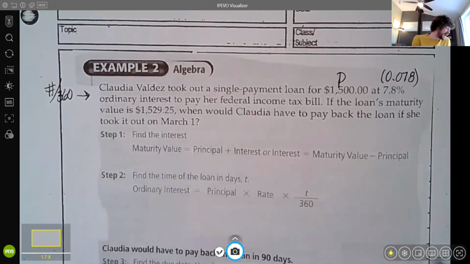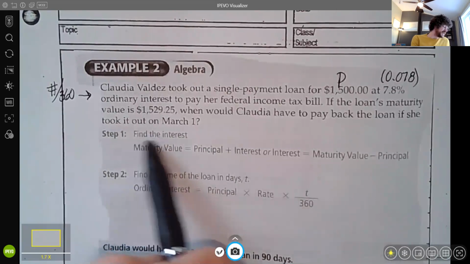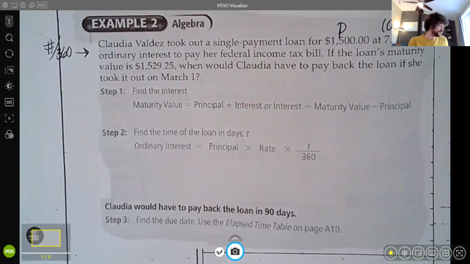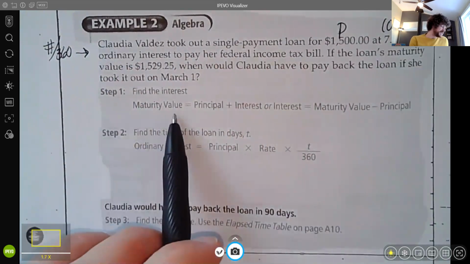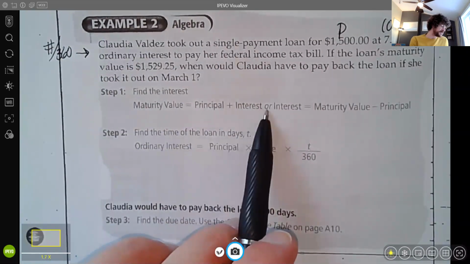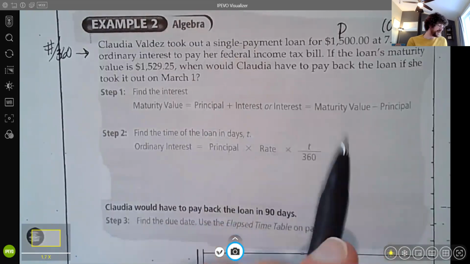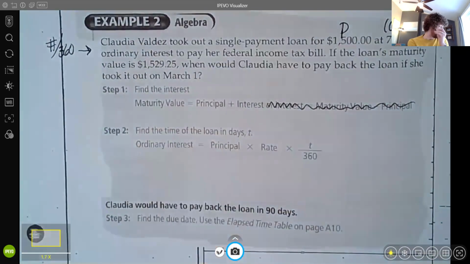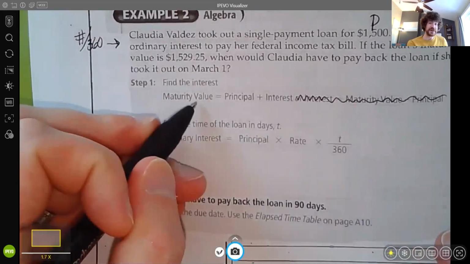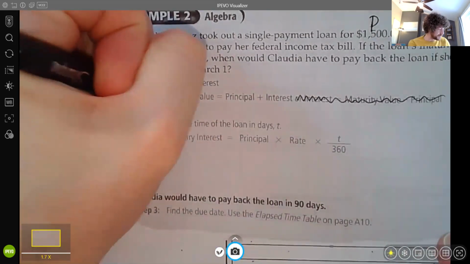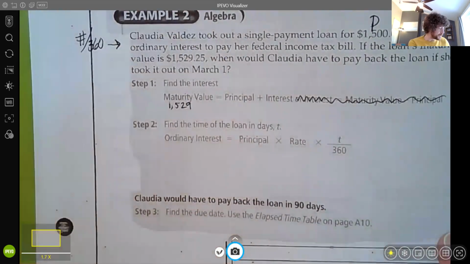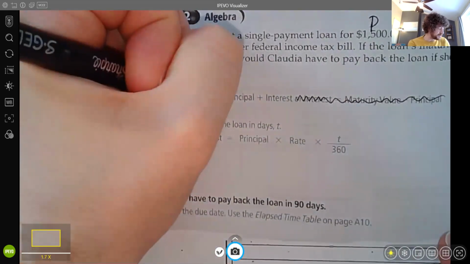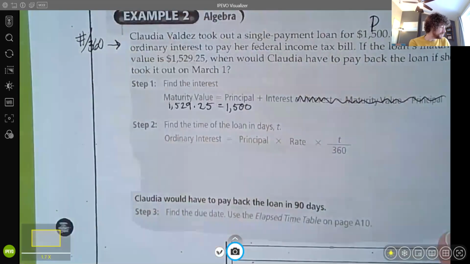So let's see, first of all, find the interest. Now the interest should be a pretty simple thing to do because we know that the maturity value is equal to the principal plus the interest, or the interest is equal to the maturity value minus the principal. We're dealing with algebra. So the maturity value we know is 1529.25. We know that the principal value was 1,500.